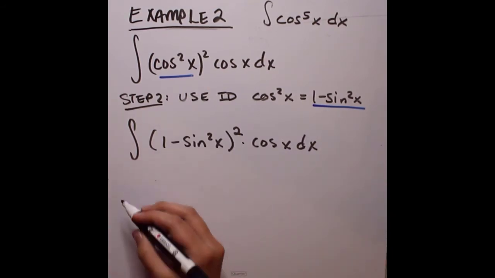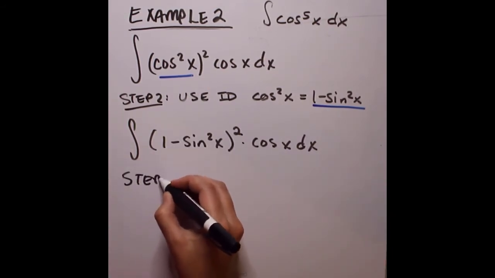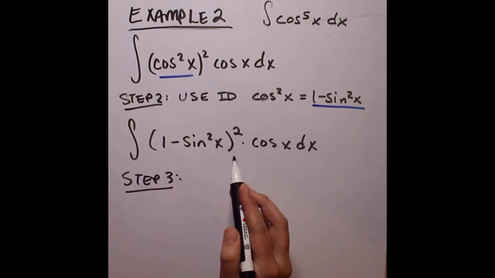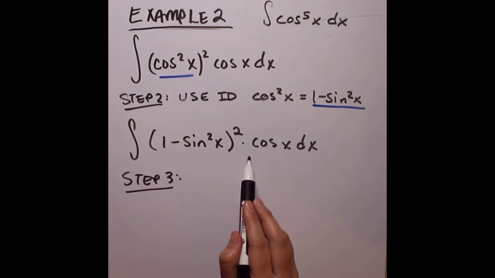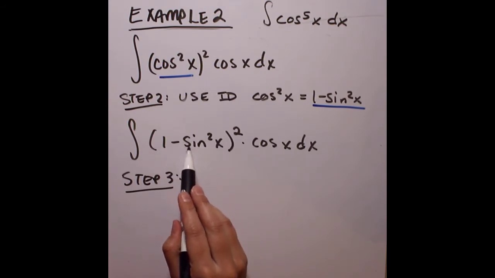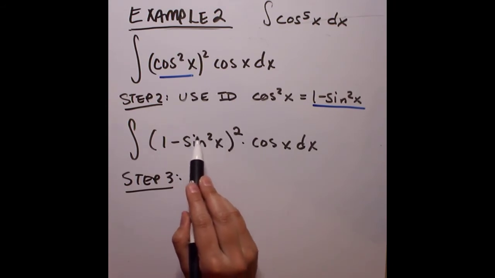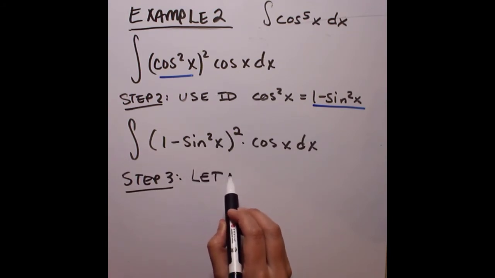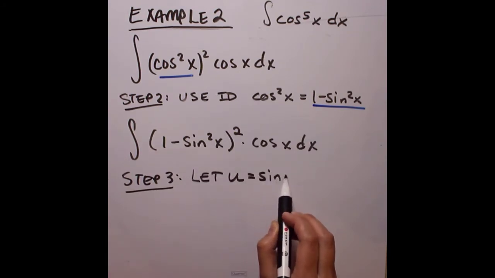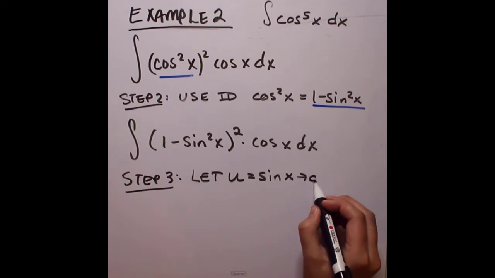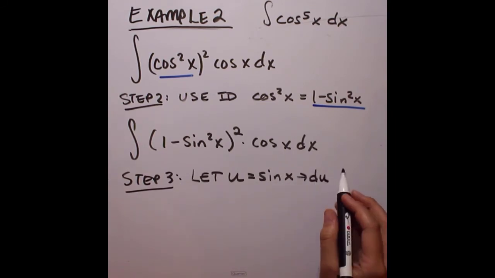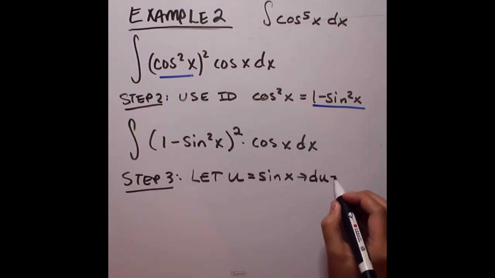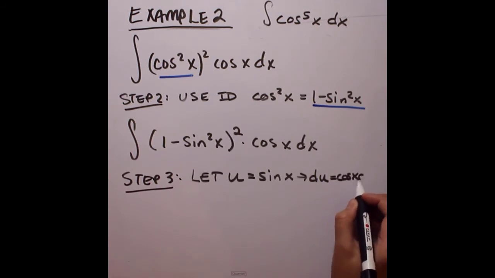Now step 3, and hopefully it's looking a little better already because now we have a mixture of sine and cosine, and we can let this part be u, and then the derivative is going to be present. So notice if we let u equals sine of x, then du, derivative of sine, is cosine x dx.